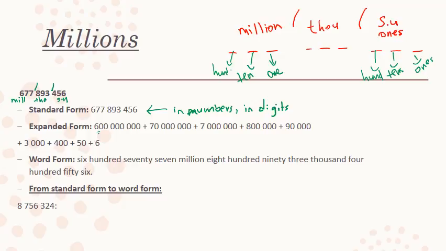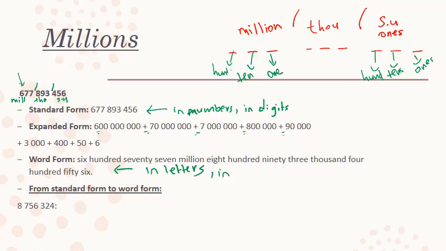For example, the 6 here, it's in the 100 million, so I just write 600 million, which is 6 followed by zeros, plus till the end. Okay? So this form actually indicates the place value of the number. Okay? The third form is the word form, where I write the number in letters or in word form.